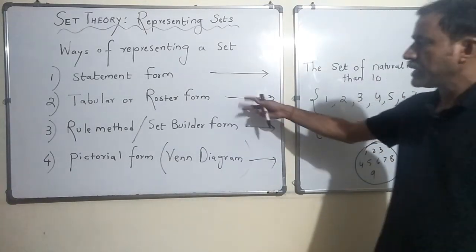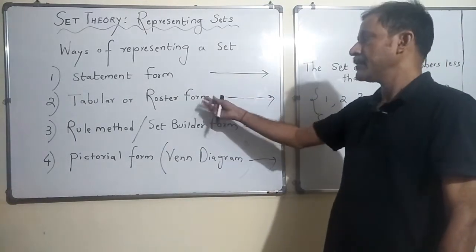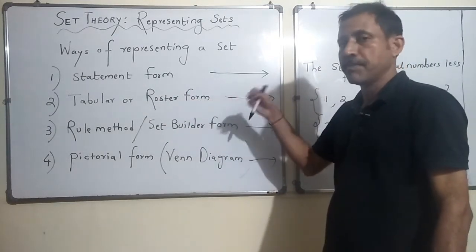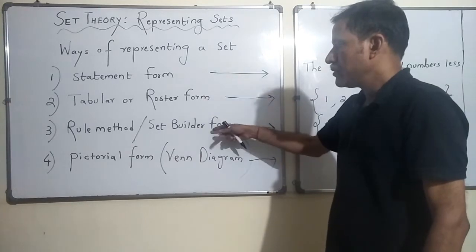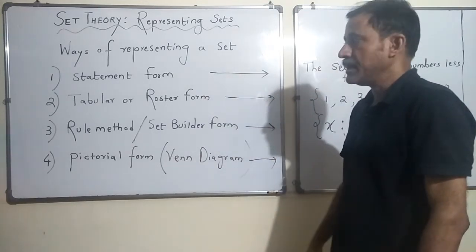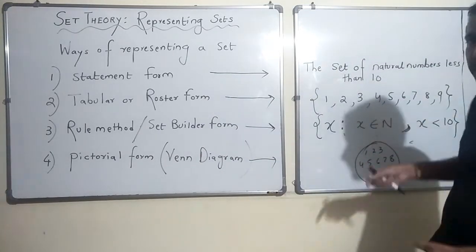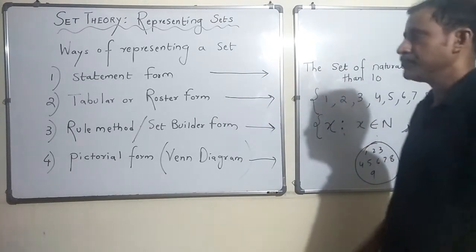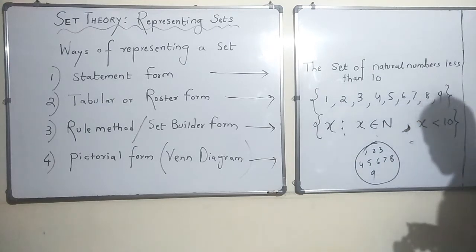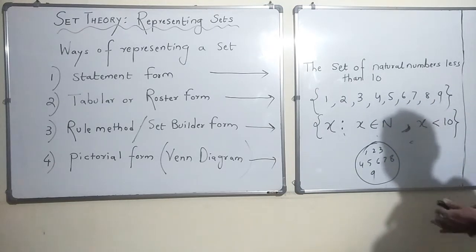You are familiar with the tabular or the roster form from the previous class. So today we would try to come out with the other form, right? And statement form is pretty simple. We have been formulating those statements even in the previous class. So just go through this for a while and then let's move on to the next part, right? Okay.